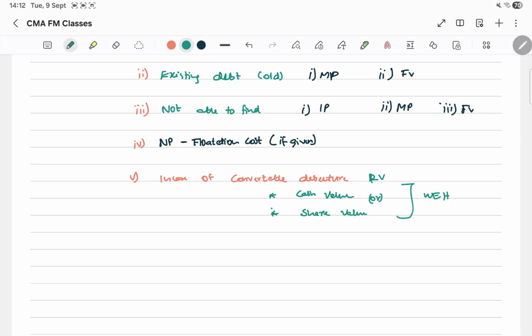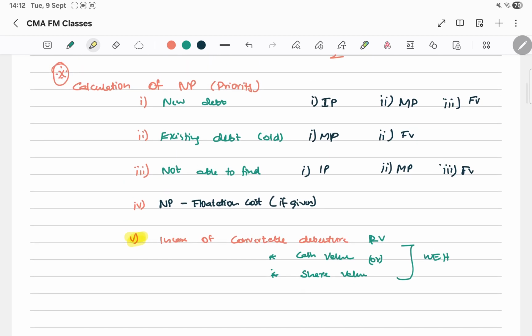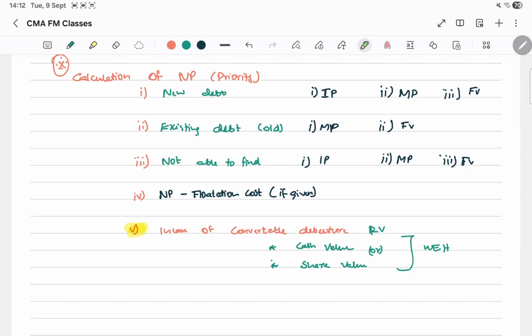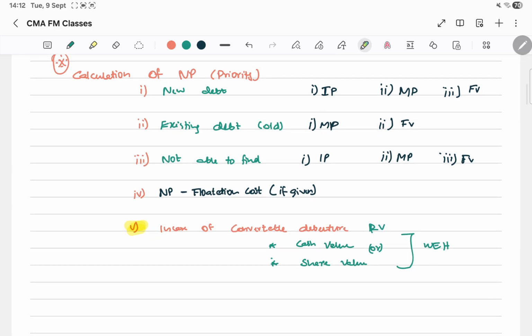This last point alone I'll be telling you at last. So you have got this right. These 4 points you keep in mind as of now. Whenever we are seeing convertible debentures, we will be going into that formula, and we'll be using this.